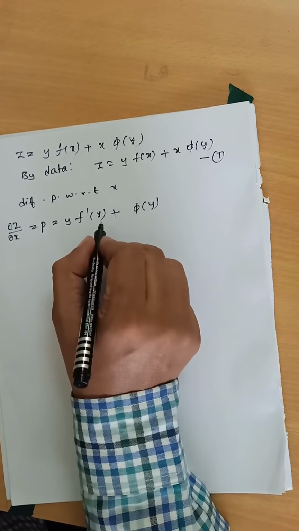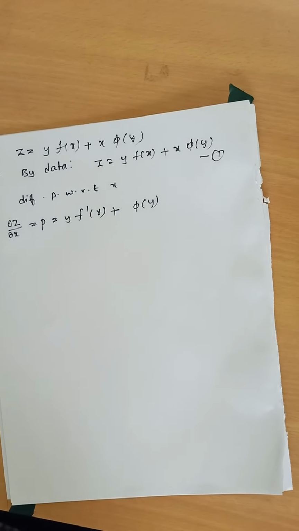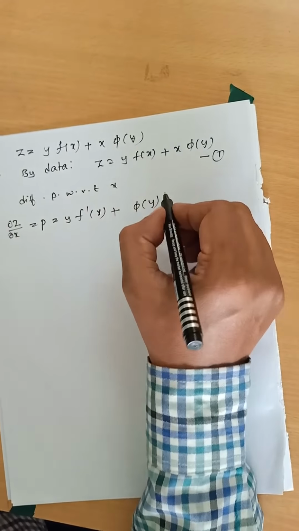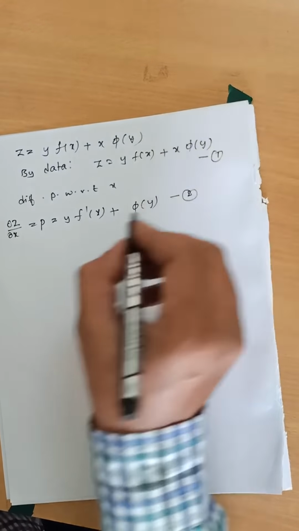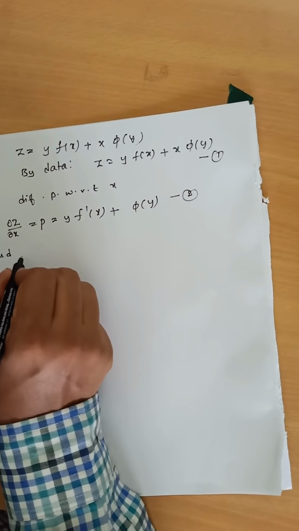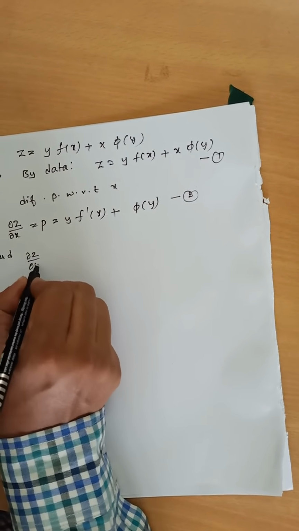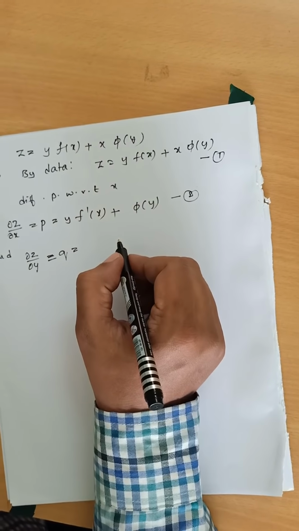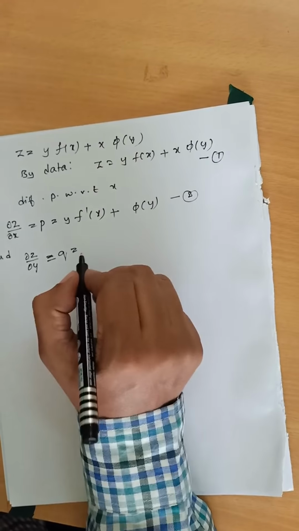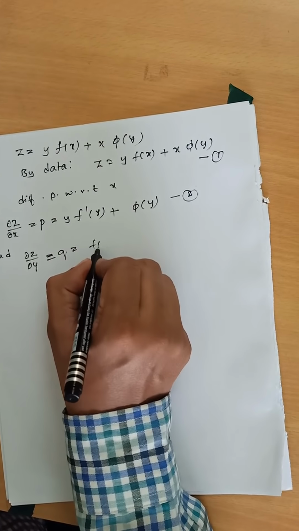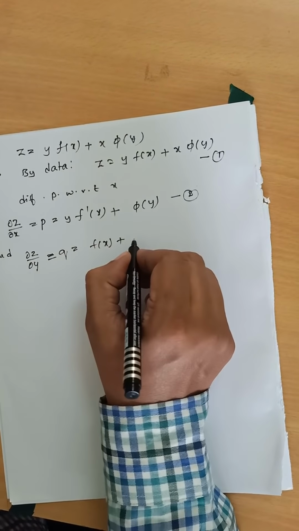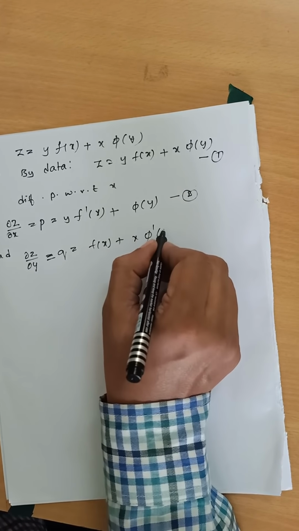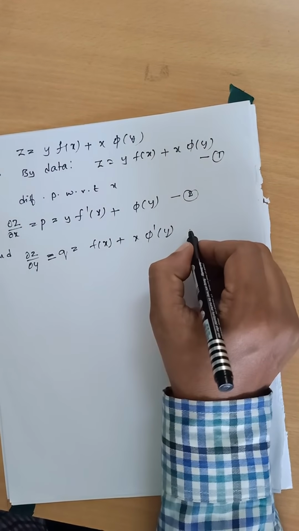All are clear about partial differentiation with respect to x. You call this equation number 2, and dou z by dou y, denoted by q, is equal to, with respect to y, f of x plus x into phi dash of y into 1. You call this equation number 3.